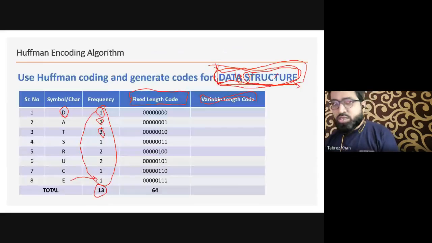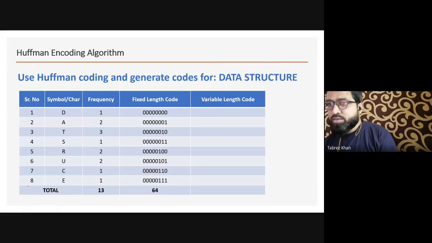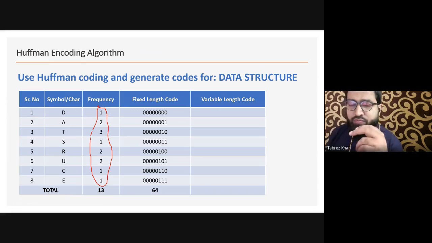on this screen, we can see these are the frequencies of our characters. And we have total 8 unique characters.